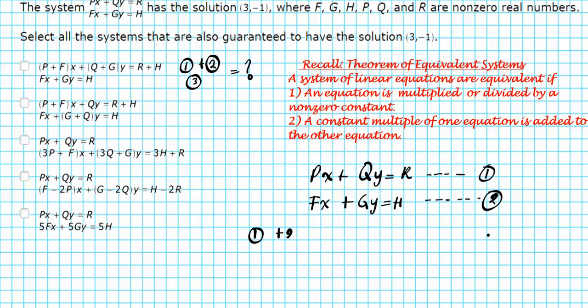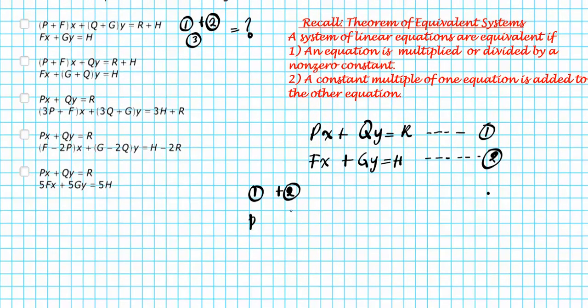Equation 1 plus 2 is simply what you get when you add these two equations together. So let's go ahead and write it down. You have Px plus Qy equals R, that's 1. Fx plus Gy equals H, that's equation 2. Let's go ahead and add it up.